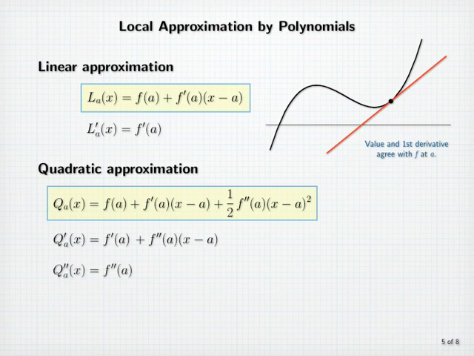The second derivative then is the derivative of f prime of a, which is 0, plus the derivative of f double prime of a times x minus a, which is just the coefficient f double prime of a. So now let's notice that the function q of a has the same value as f does at a. The value of its derivative at a is the same as f prime of a, and the value of its second derivative at a is also the same as f double prime of a.